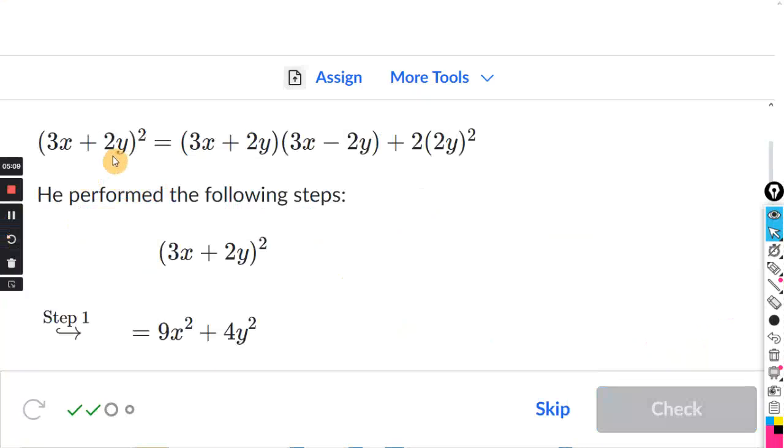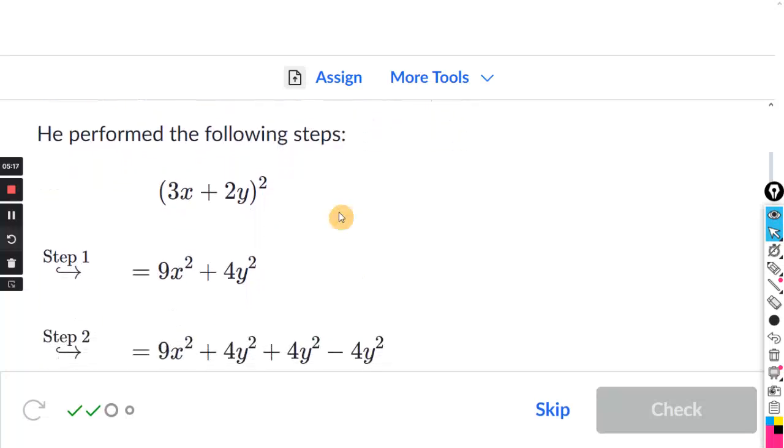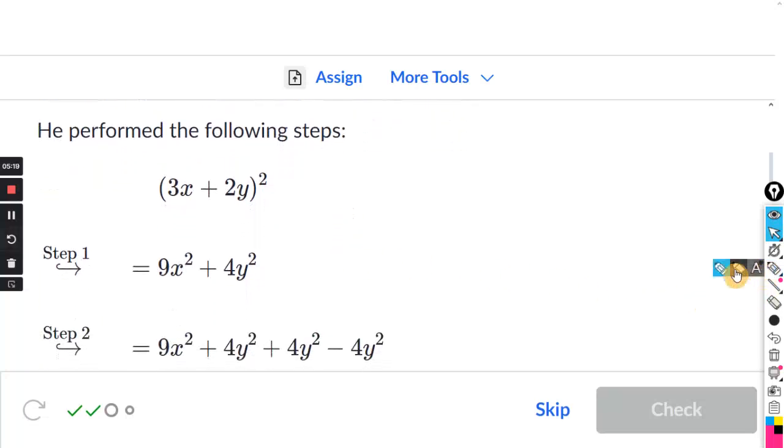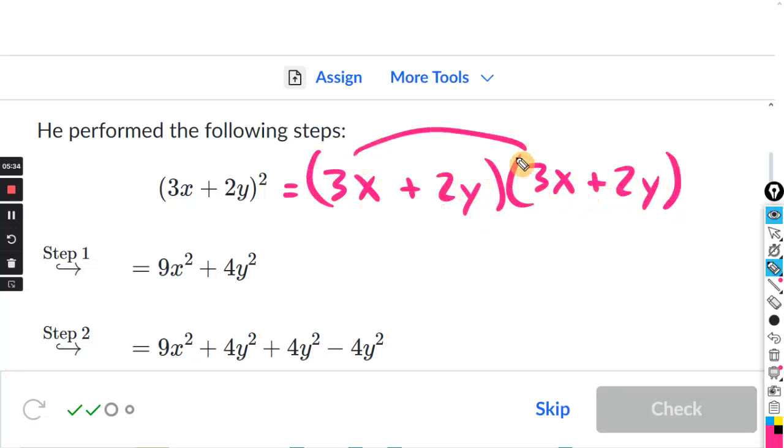We'll do one more. The person unpacked this right here, 3x plus 2y squared. I can see already there's a mistake. 3x plus 2y squared is going to be 3x plus 2y times 3x plus 2y. 3x times 3x is 9x squared.